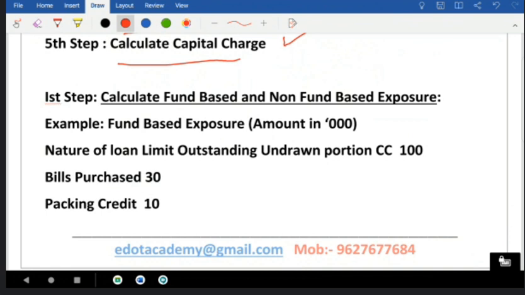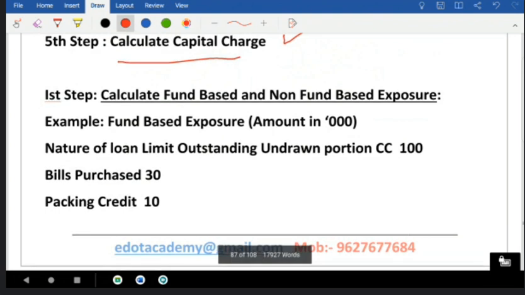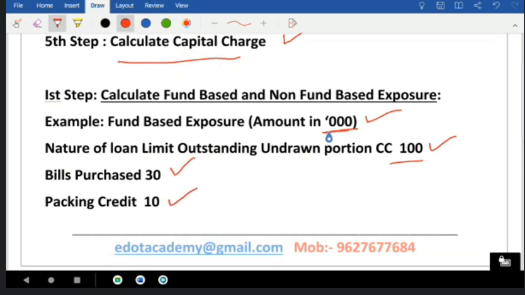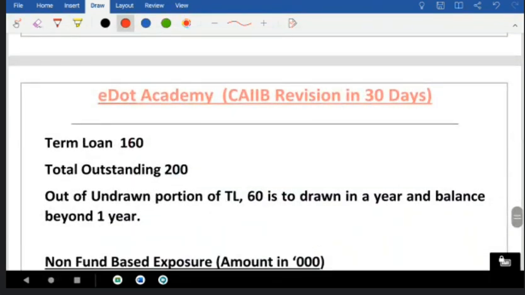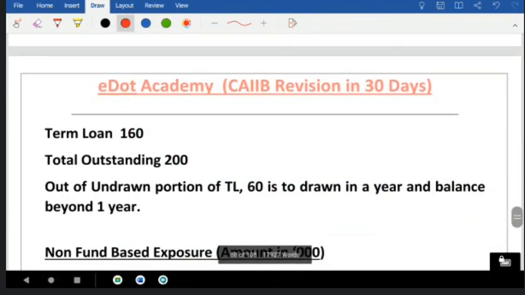Here the data is given. Amount is always given in 000, you have to put that after. Nature of loan, limit, outstanding, undrawn portion: CC is 100, bill purchase 30, packing credit 10, term loan 160. Term loan is 160, outstanding 200.